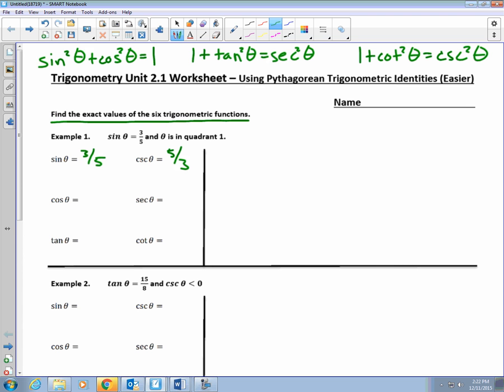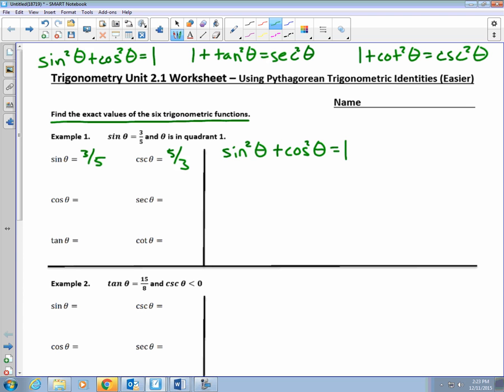Now, I'm going to try to find cosine. So I'm going to use this formula right here to find cosine. Sine squared of theta plus cosine squared of theta is equal to 1. What is sine of theta? 3/5.